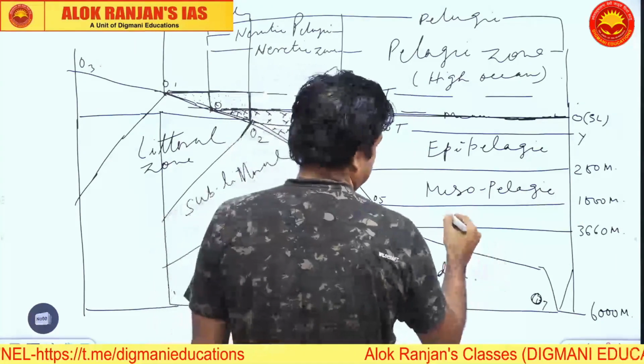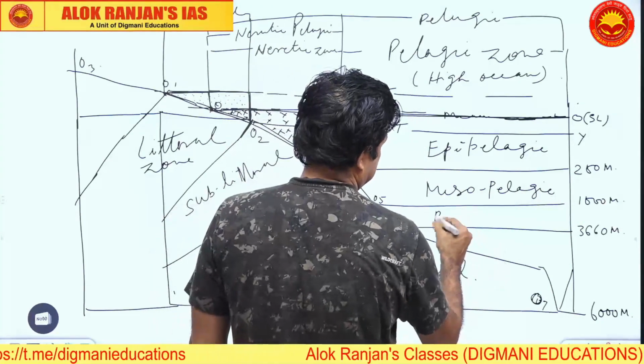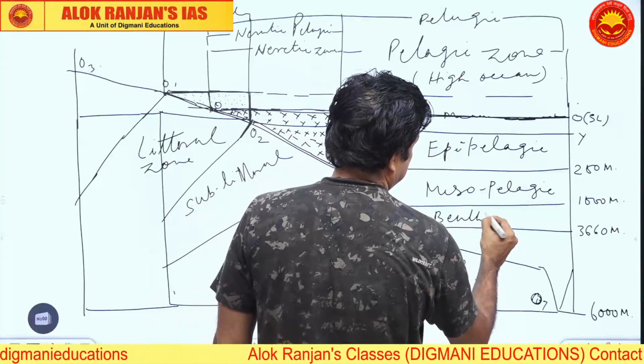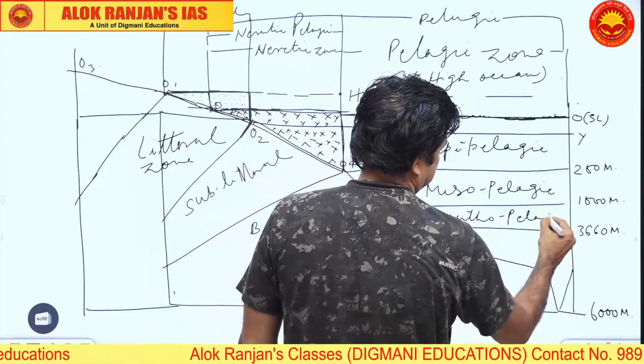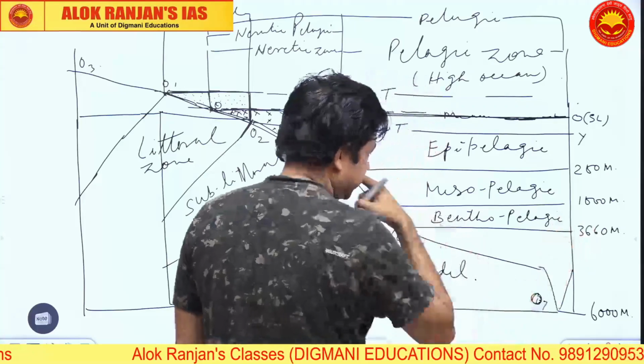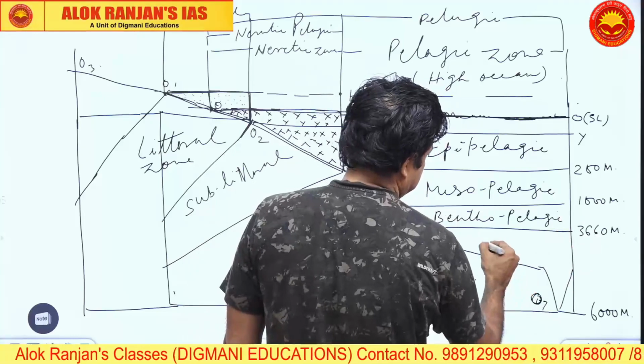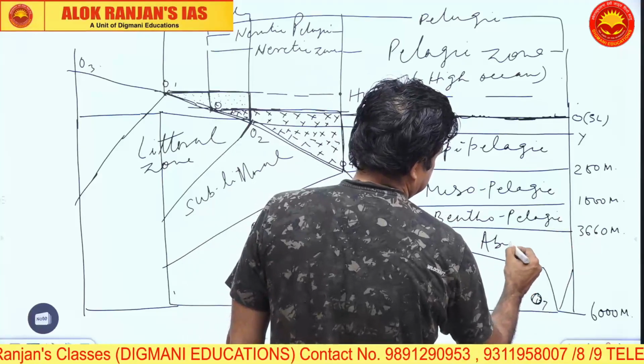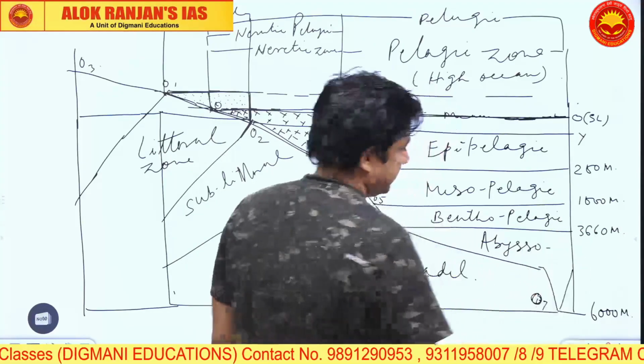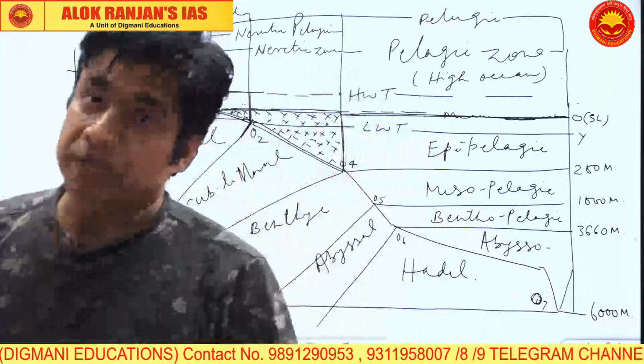Then it is called bathypelagic. And then further below it is called abyssopelagic. Abyssopelagic.